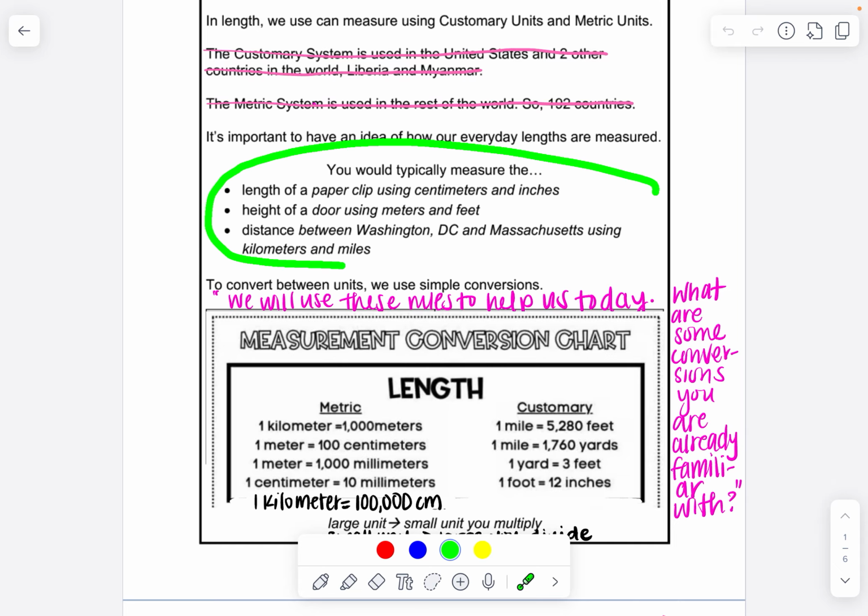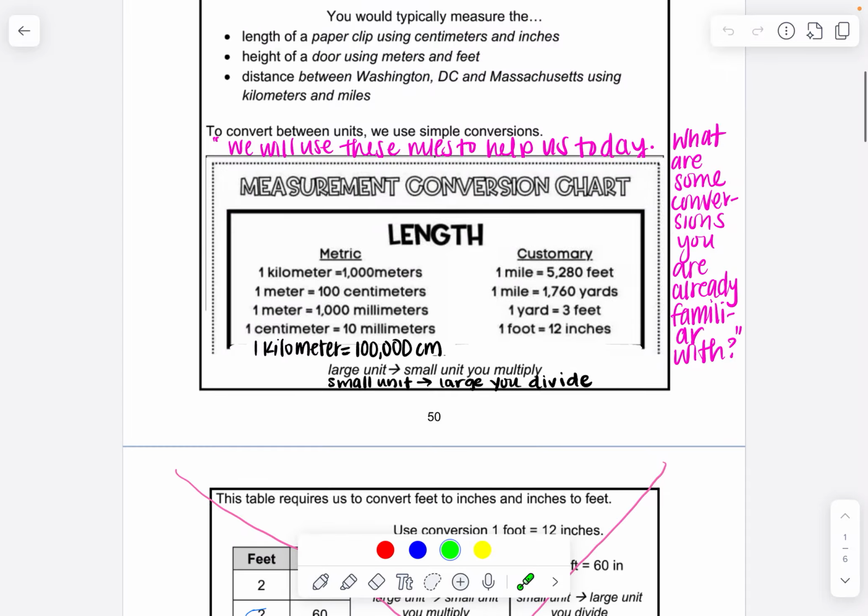You can go into this to provide students with some conceptual understanding so that they know the difference between the units. They can kind of visualize the difference between the units. However, we will be using these rules today to help us.